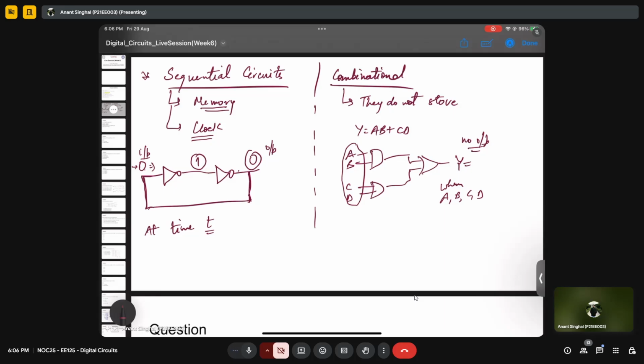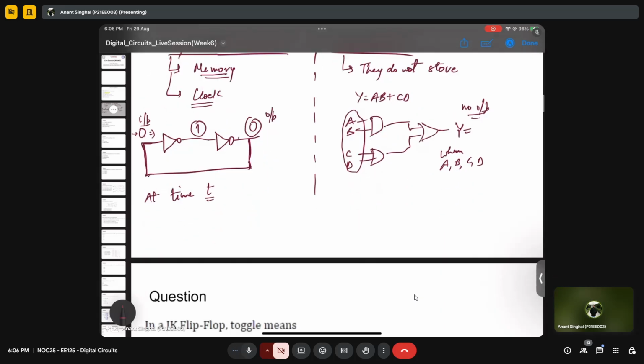Are you able to understand? The first is 0, the second is 1, then again 0, and since this is connected to the input, it will keep on going like that. So you are able to store this 0 bit in this very simple circuit that we call a ring oscillator, a two NOT gate circuit.